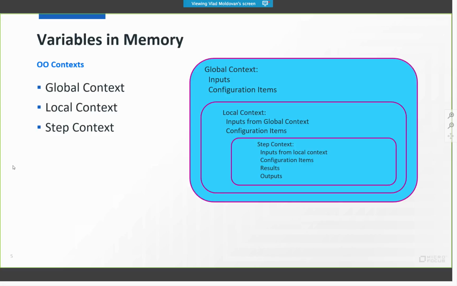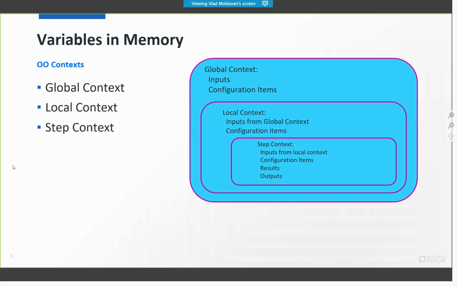Now, why are outputs important? Outputs basically bridge the contexts. When creating a result on any step, there are two categories. There is the flow context, which means that from the step context, this new variable is going to be pushed to the local context, or the flow context.